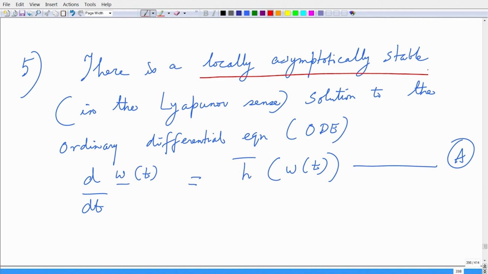And it says that there is a locally asymptotically stable solution, and I have not talked about Lyapunov exponents and in general the conditions for Lyapunov stability, and I will get to that a little later, but take it for granted that there is a locally asymptotically stable solution to this ordinary differential equation. If this condition is satisfied, then it is one of the conditions for the asymptotic stability theorem. Okay.